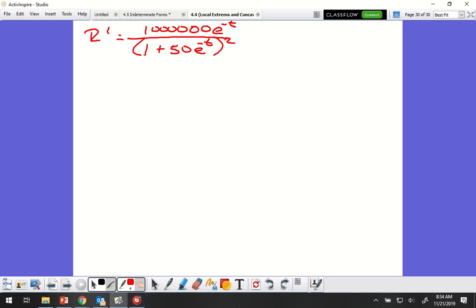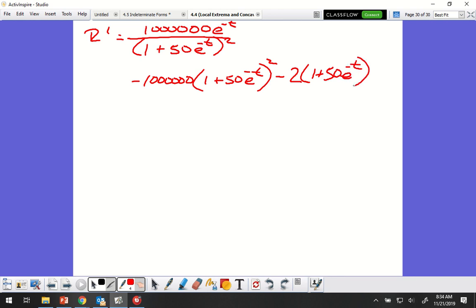Right here, it's going to be the quotient rule again, so the derivative is going to be negative 1 million e to the negative t times 1 plus 50 e to the negative t squared, minus 2 times the quantity 1 plus 50 e to the negative t to the first, times the derivative of the inside, which is negative 50 e to the negative t, times 1 million e to the negative t.